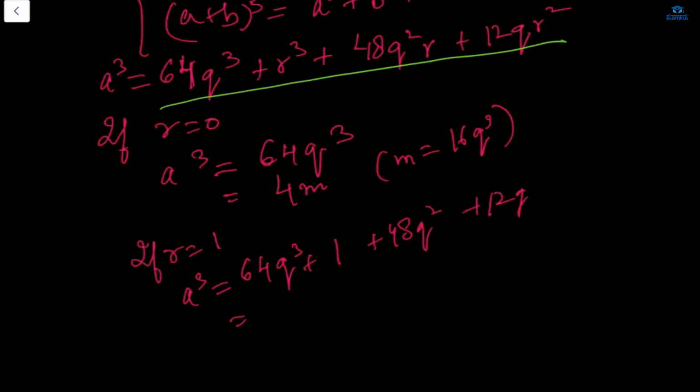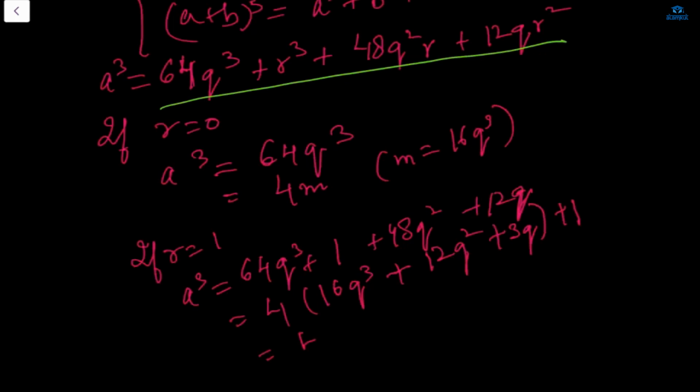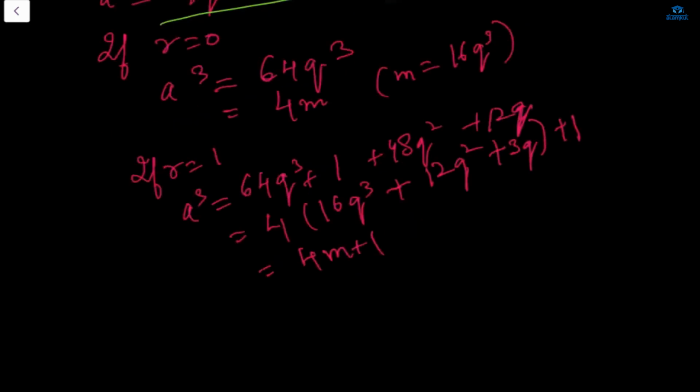Now 4 you can take as common, so it will be 16q cube plus 12q square plus 3q plus 1. So you can represent it as 4m plus 1, where m is this value. Okay, understood?